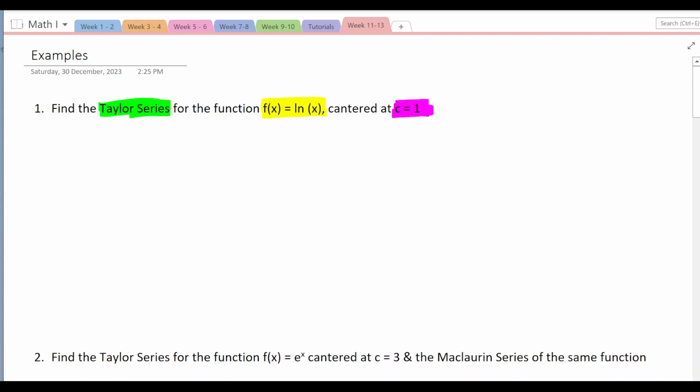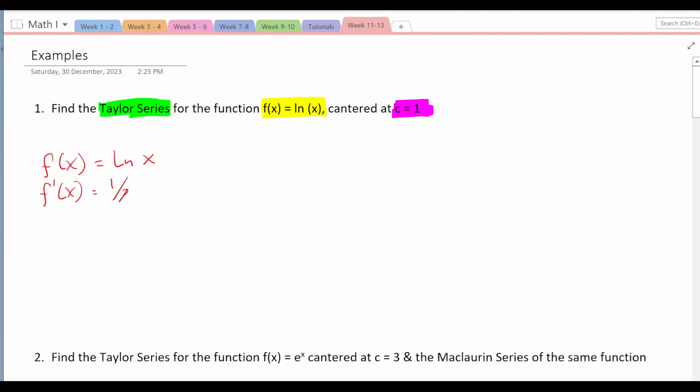C equals 1. So as the step-by-step mentioned, we should find the value of the function at whatever the center value is, in this case, the center at 1. Let me just write down the original function. f of x is ln x, and therefore the first derivative is 1 over x.